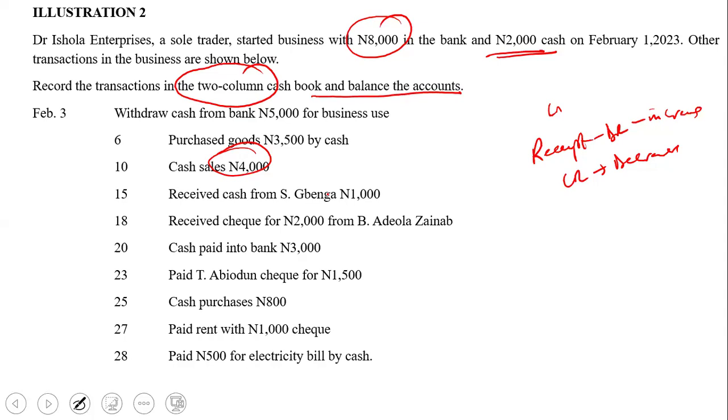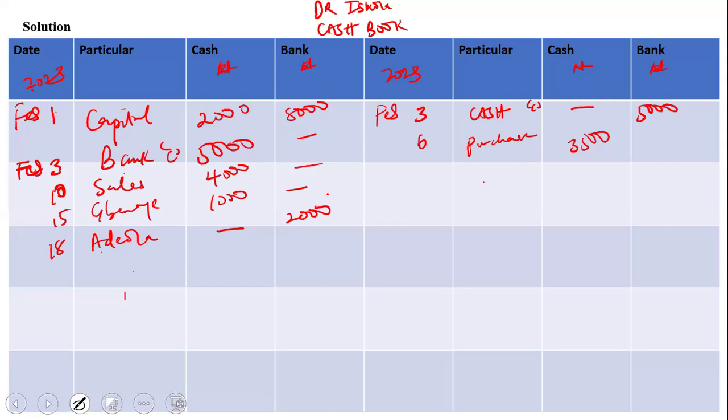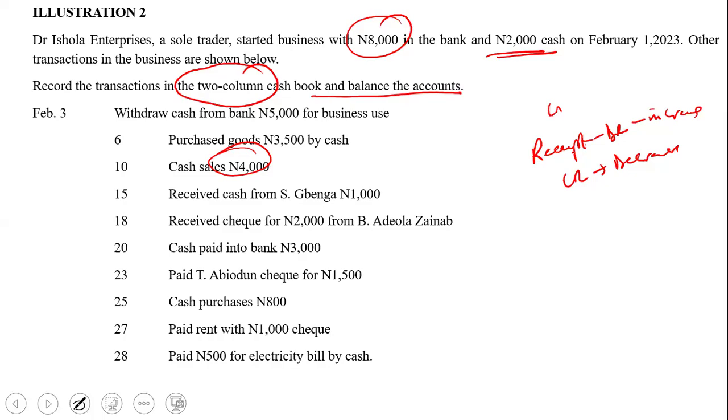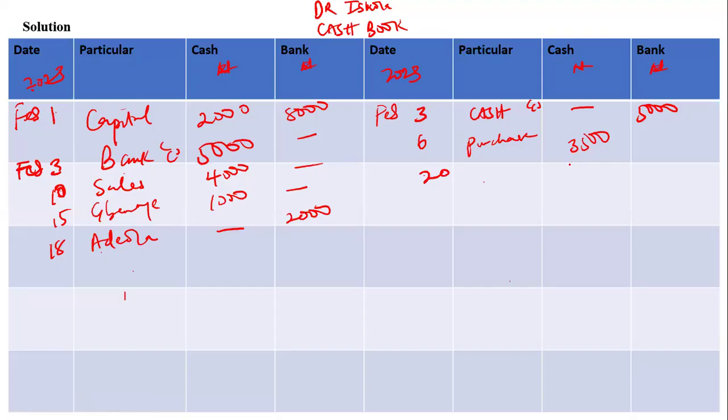Cash paid into bank. Here now, he's not taking money from the office to pay it into bank. So what happened? February 20, money here is going down. That is 3,000. 3,000 is going to the bank. The contra entry.